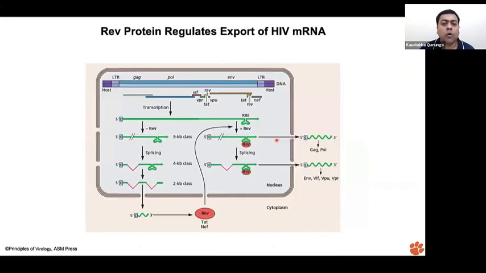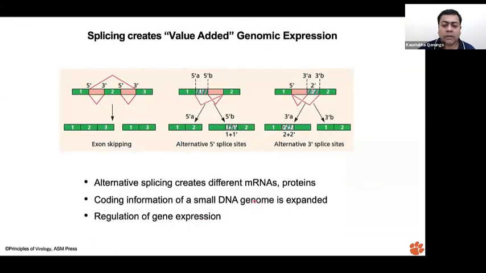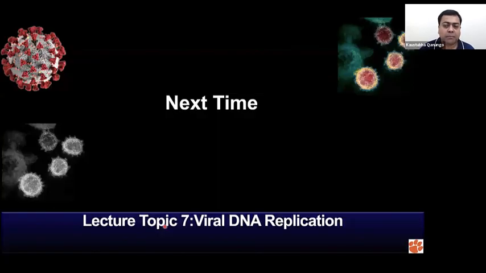So that is the regulation of gene expression, so that it is controlled in a temporal manner. Not all the proteins are produced at the same time. Initial regulatory proteins are produced in the immediate early and the early phase, and then the structural proteins are produced towards the late phase. So that's pretty much it.